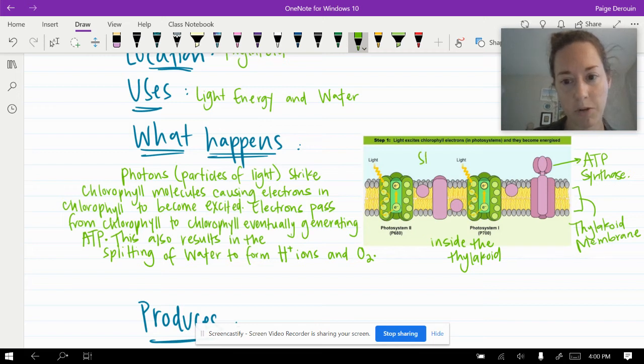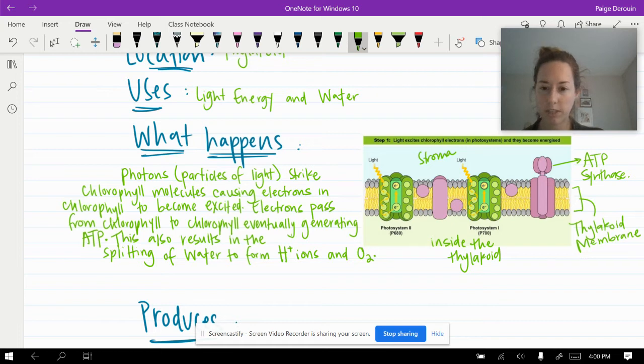This out here would be the stroma. You have these two different photosystems that are responsible for containing the chlorophyll and doing this energy part. And then the electrons being passed results in ATP being generated and also water being split. So, in summary, we used up the light energy and the water to create excited electrons, to generate ATP, and also to split up water.